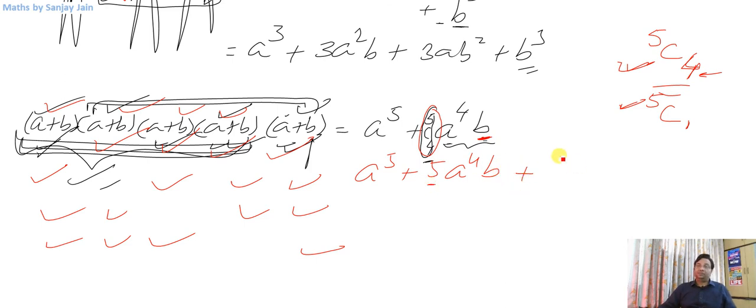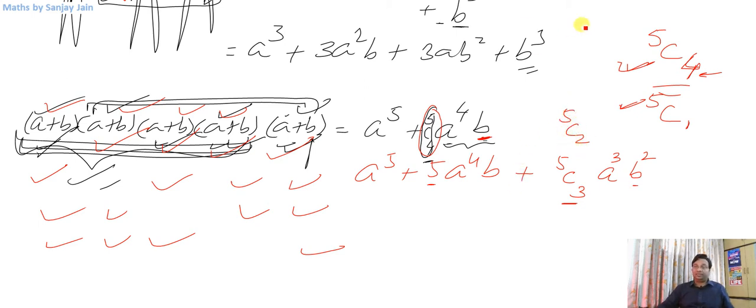Then you have to select 3 brackets and take a from these, then obviously b will come out from the rest of the 2. So if you say 5c3, you mean I am taking a from 3 brackets, okay? Or you could have said it 5c2, that is I am taking b from 2 brackets. So anyways, 5c3 and 5c2 are equal.